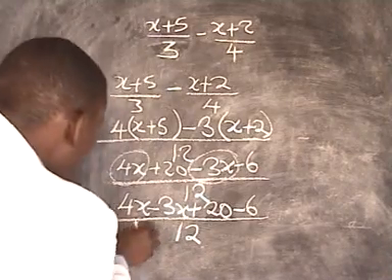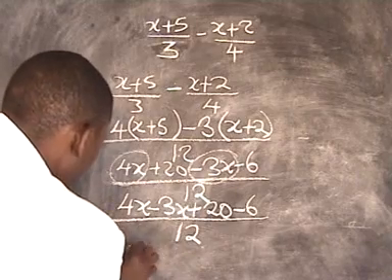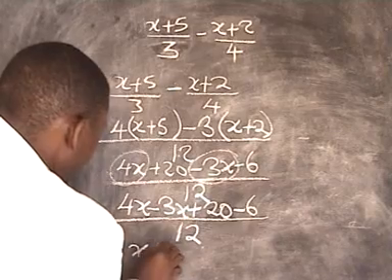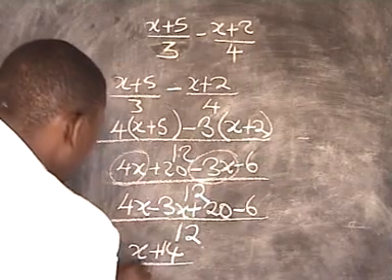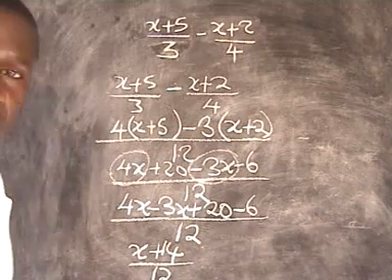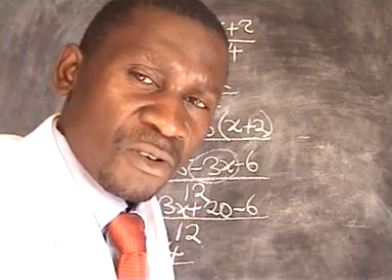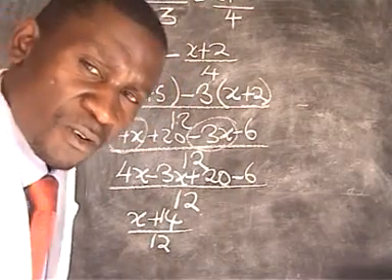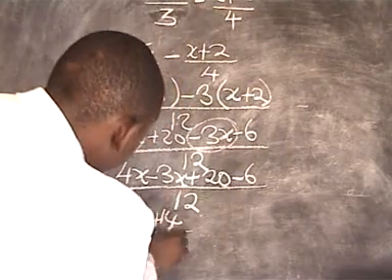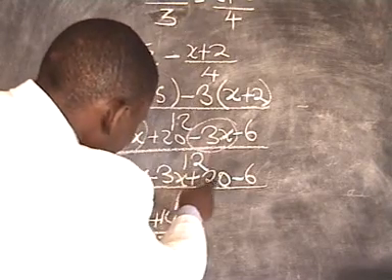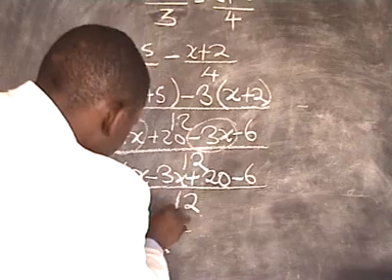Then from there, 4x minus 3x, you are going to get x. Then positive 20 minus 6, this is plus 14. And this is over 12. Just like that, this is how this can be expressed as a single fraction. I'm sure that is seen. 4x minus 3x, I get x, and the positive 20 minus 6, I get plus 14.